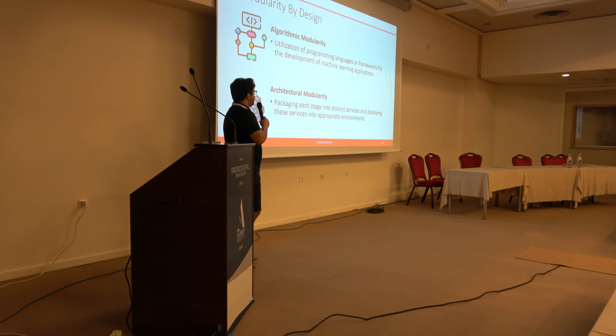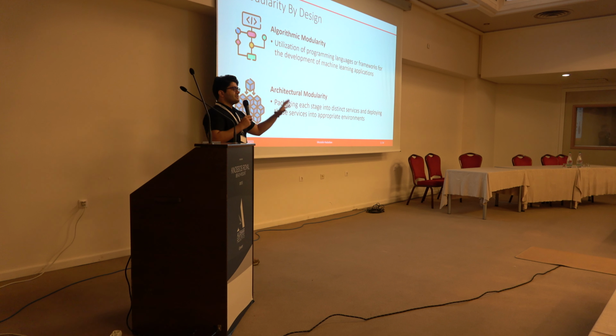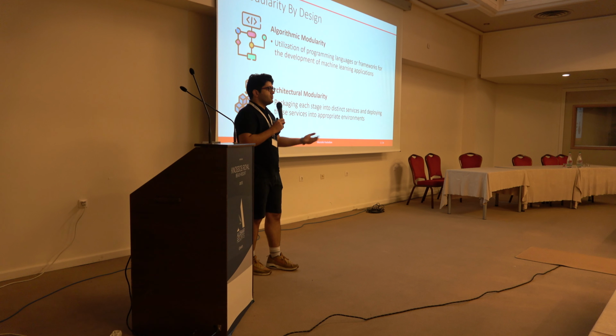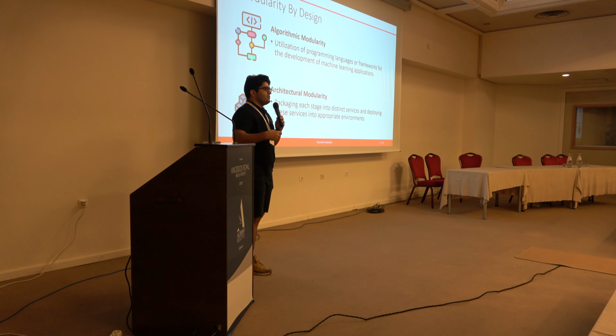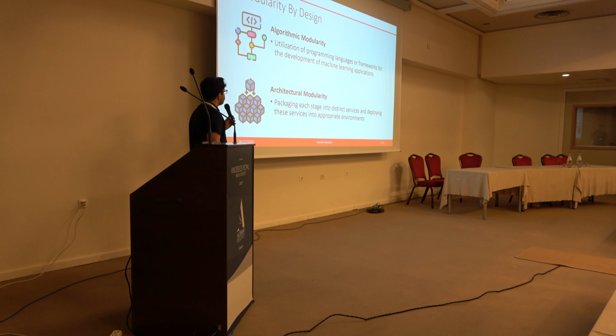And the other level of modularity, which we want to focus on in this work, is architectural modularity, which is instead of having all the components in the same code in one place, packaging them separately, so we can best use the benefits of modularity, like changing the components on the fly, probably in production.